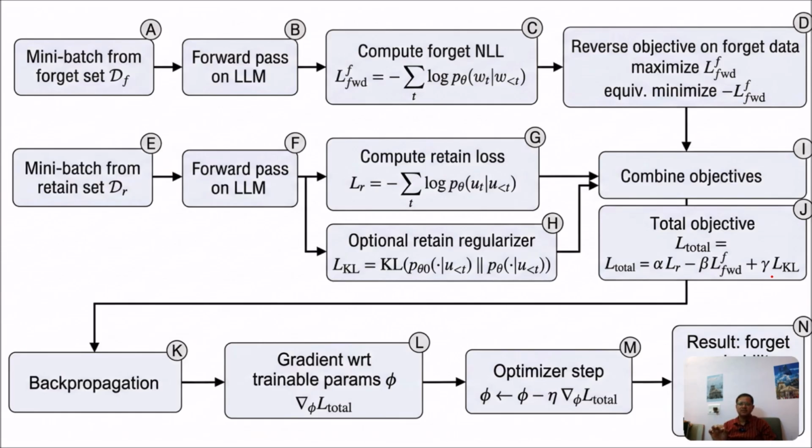One of the ways is to use the parameter efficient fine tuning process. For that we need two types of things. We need a clearly defined data set of what we need to forget, and second, a retention data set.